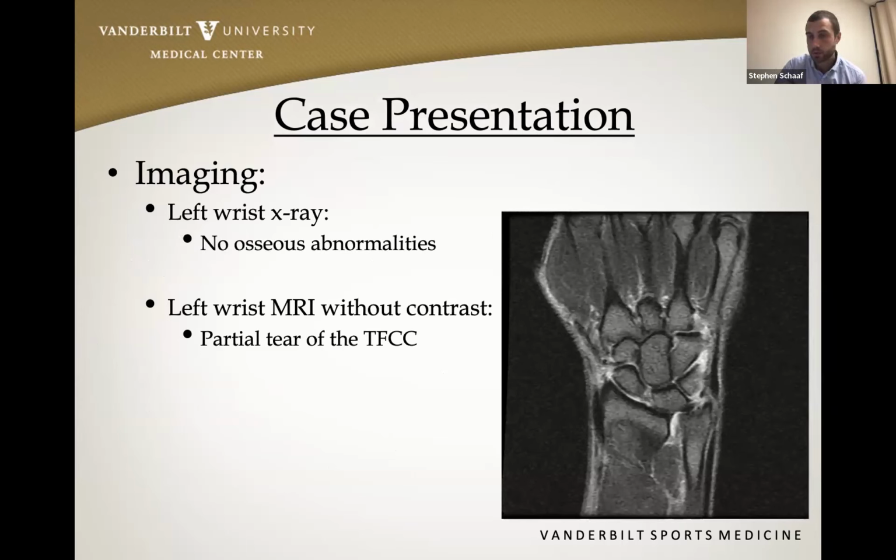But it was felt that this really didn't correlate with her symptoms, since most of her pain was along the dorsal wrist. So it was at this point that my plastic hand surgery colleagues were still trying to search for an answer and diagnosis for this patient, and she was sent on to us for a diagnostic ultrasound.